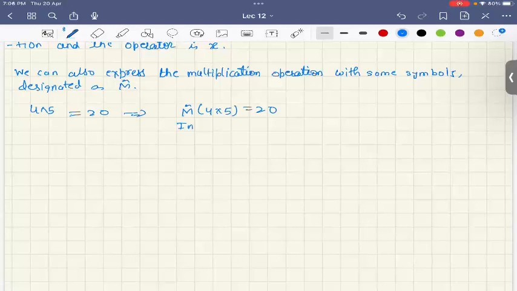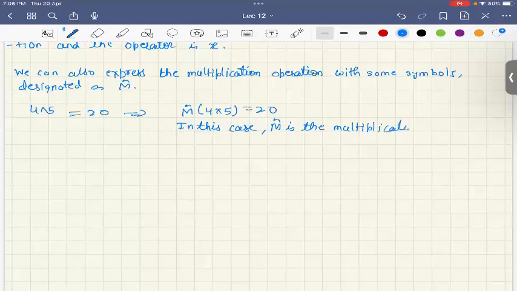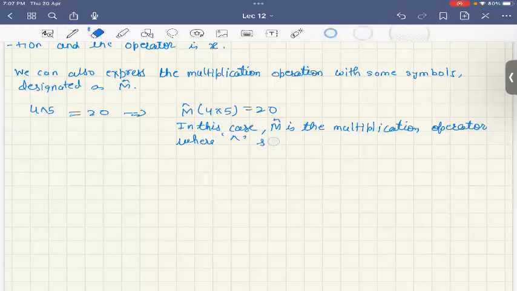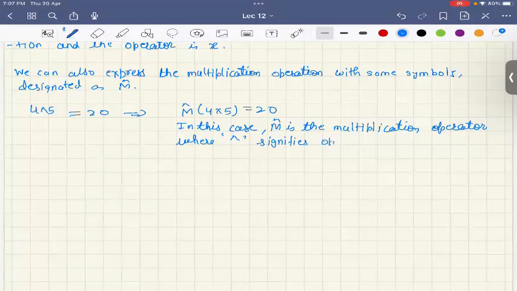So in this case, M cap is the multiplication operator, where the cap signifies an operator.